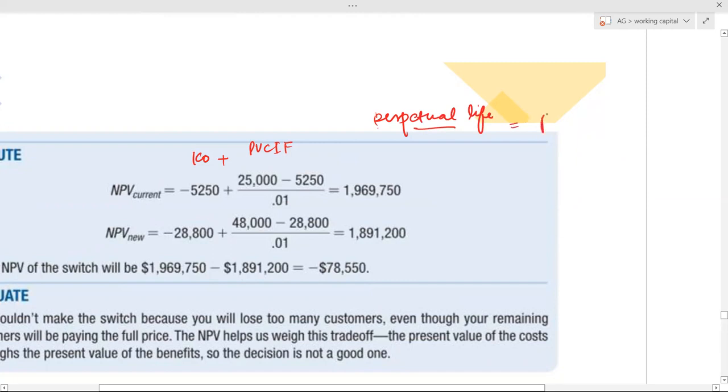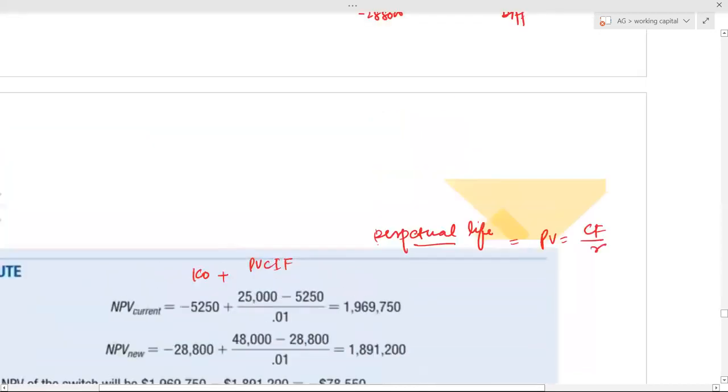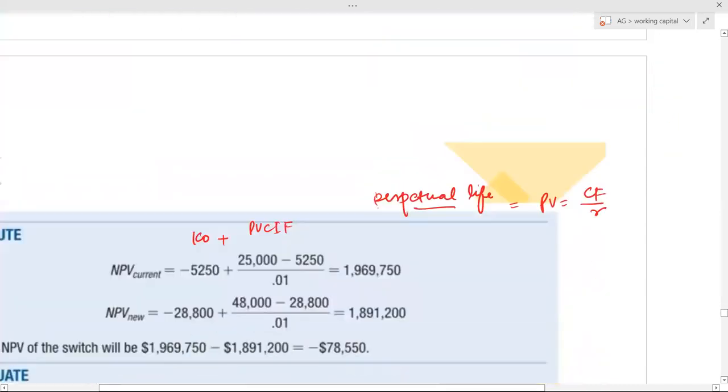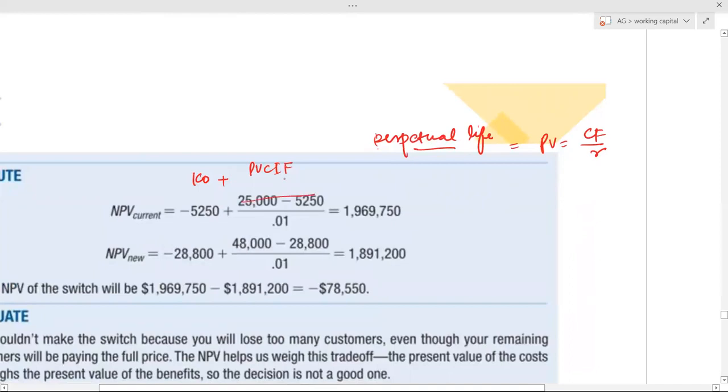Simply we use PV equals CF divided by R, because the company has a perpetual life. So this is CF. I don't know why they have written it separately, so it should be 19,750. It is the same thing, I'm just trying to write it. And your answer will be this one.